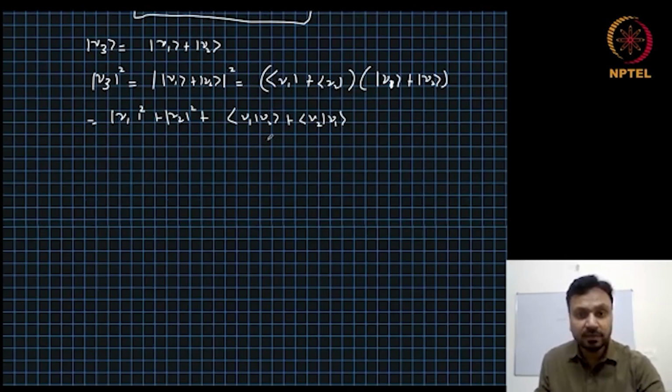So we have these four terms when we find the norm of the sum of v1 and v2.